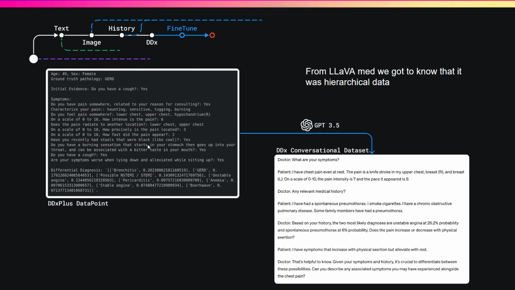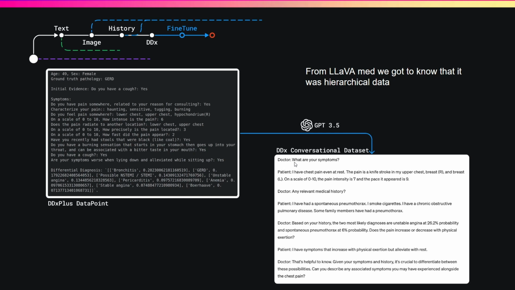So what we did was we purchased a GPT 3.5 key, and then used a specific prompt to simulate a conversation between a doctor and a patient while using this as the data. From this type of data, GPT 3.5 created conversational data.